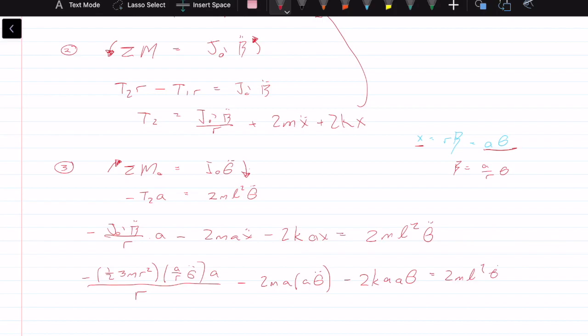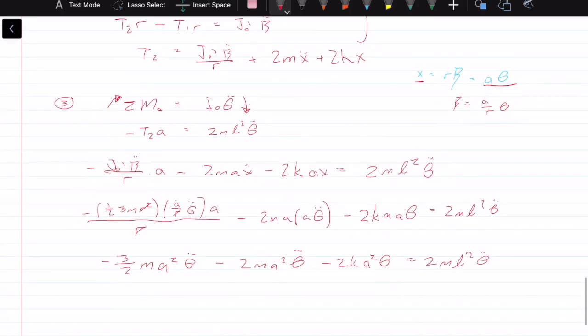Let's get to simplifying these things. We have two r's at the bottom, which cancel with this r squared. So we have minus 3 over 2 ma squared theta double dot, minus 2ma squared theta double dot, minus 2ka squared theta, is equal to 2ma squared theta double dot.